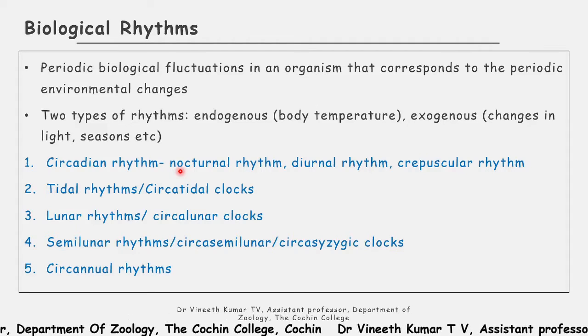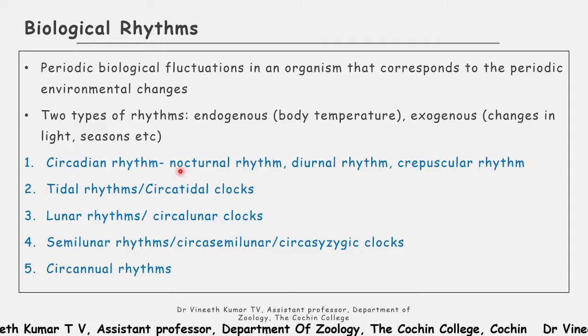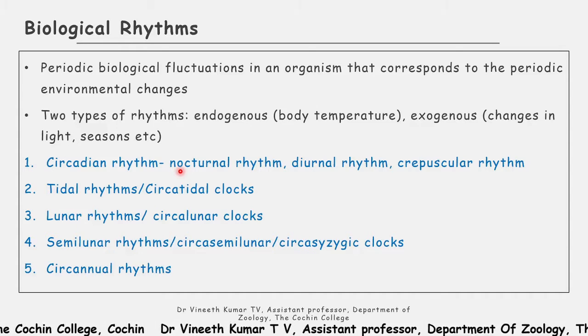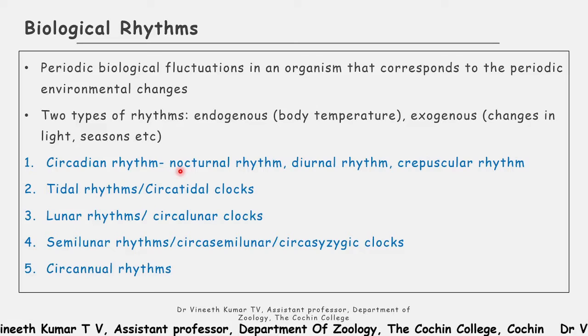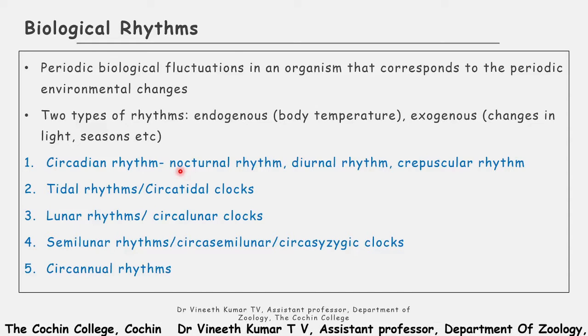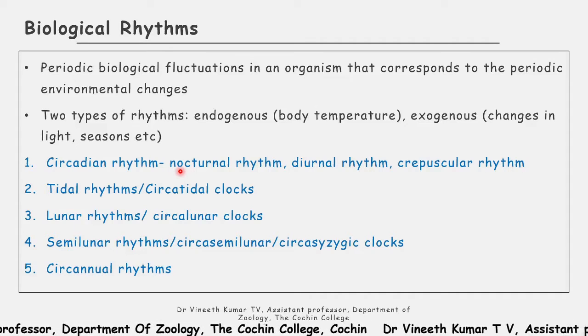The photoperiod cycle consists of two phases: one having light, called the photophase, and the other called the scotophase. The 24-hour rhythm controlled by the day and night cycles is usually termed the circadian rhythm.